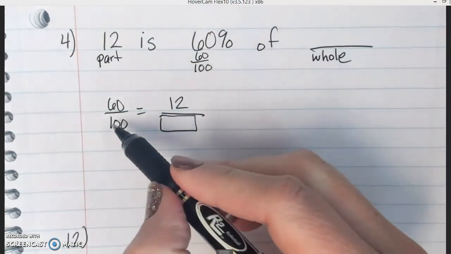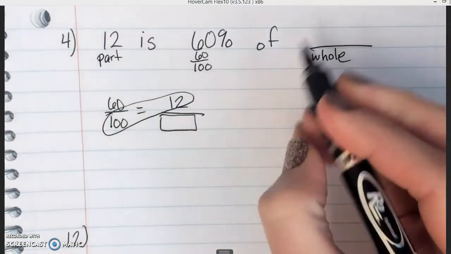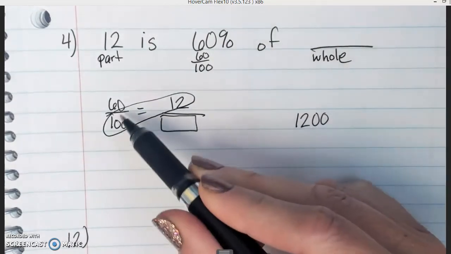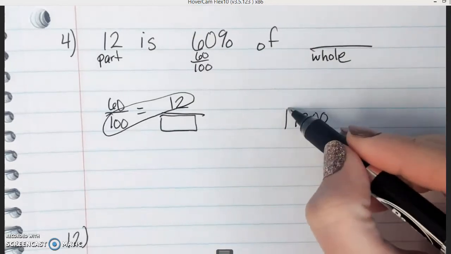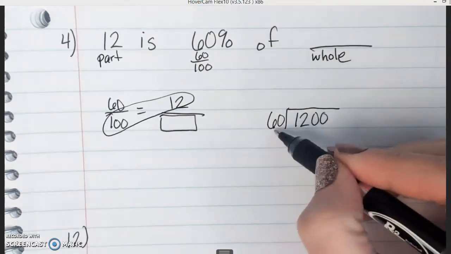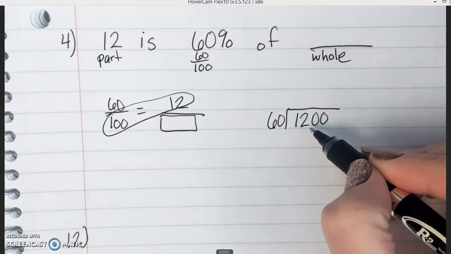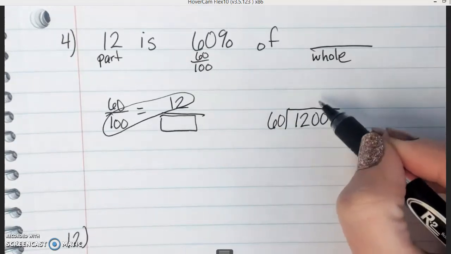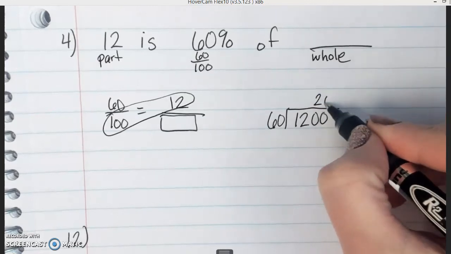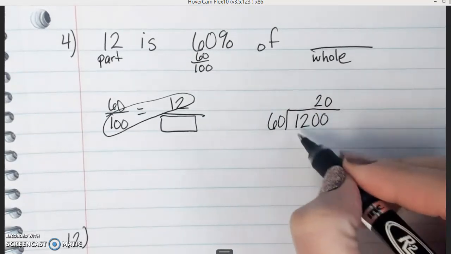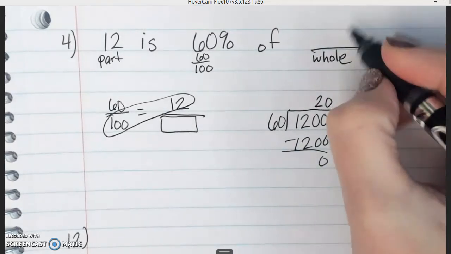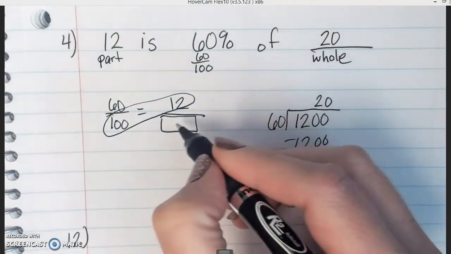Then we're going to multiply 100 times 12 to get 1,200, and we're going to divide by 60. 60 will go into 120 2 times, so 60 is going to go into 1,200 20 times. And when you multiply that out, you get 1,200. So that means my whole is 20.